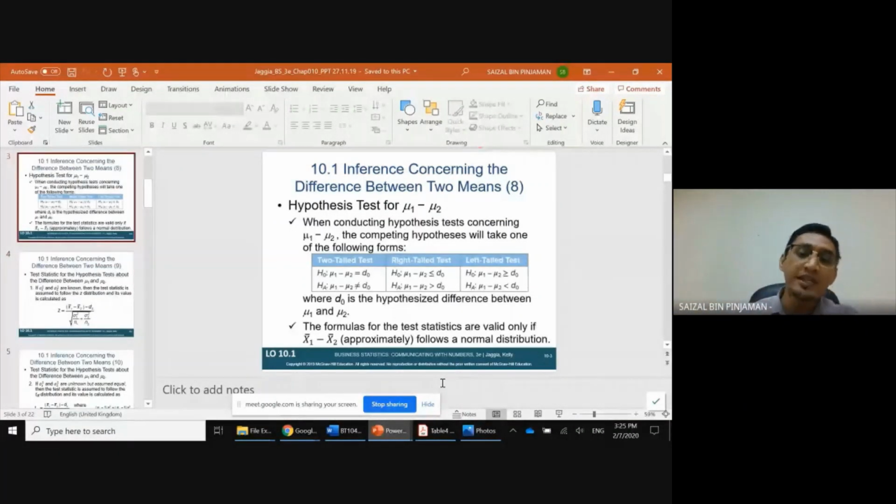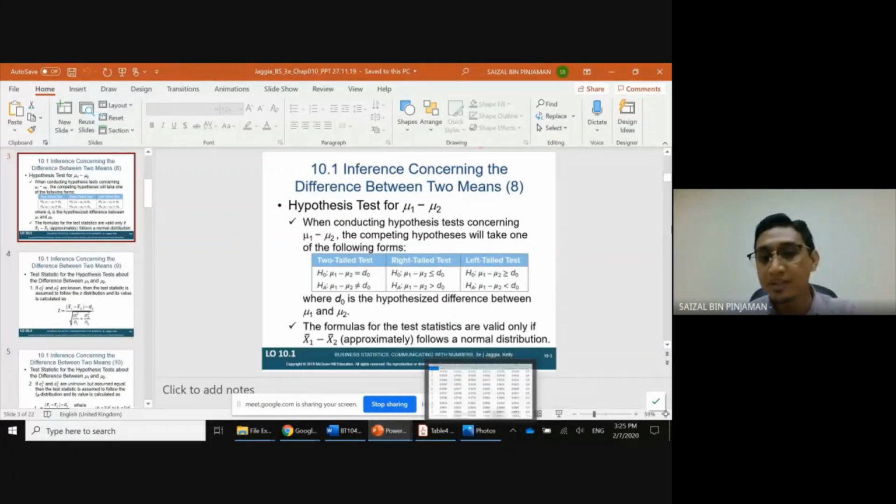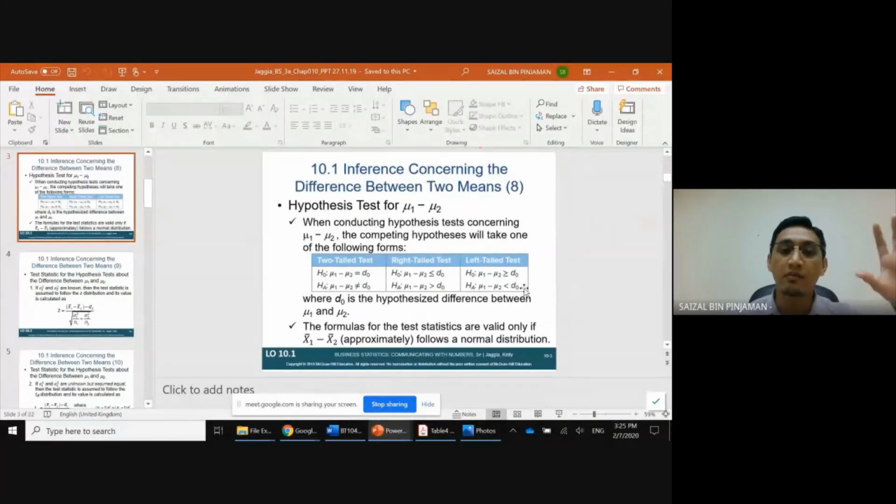Just like chapter 9, in chapter 10 we also have two hypotheses, hypothesis null and hypothesis alternative. For two sample tests of hypothesis, we have three different situations, just like in chapter 9: two tail test and one tail test.